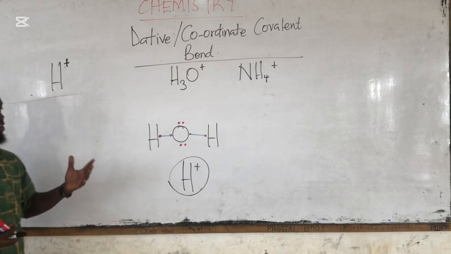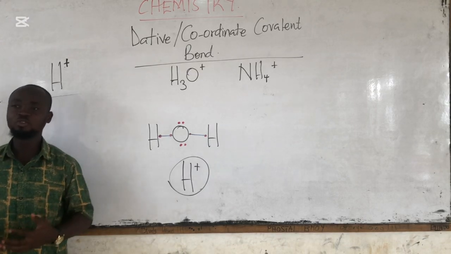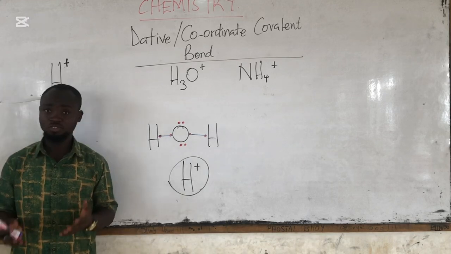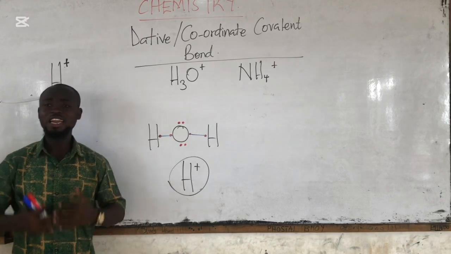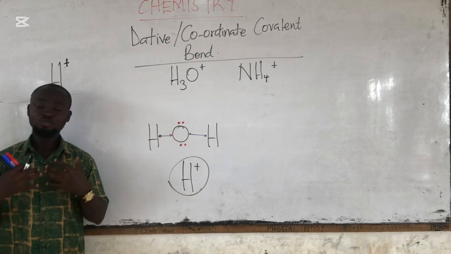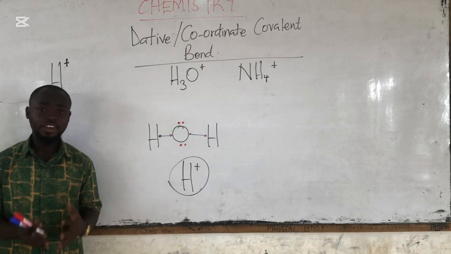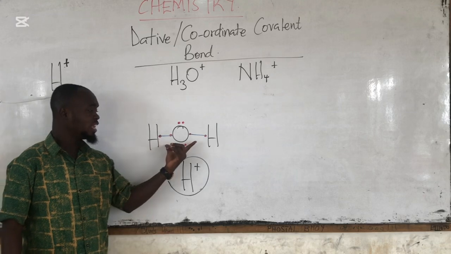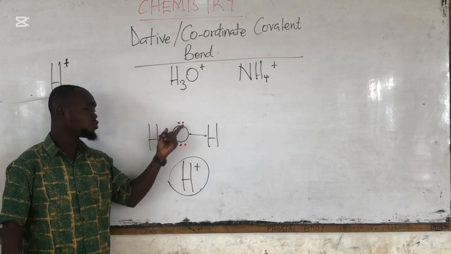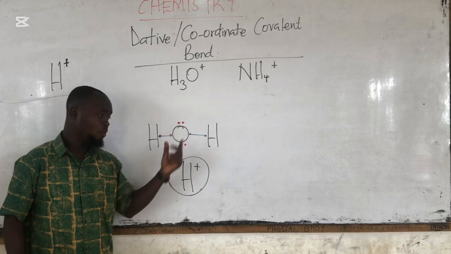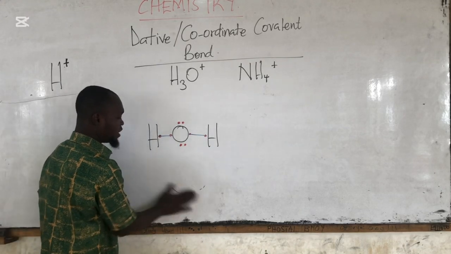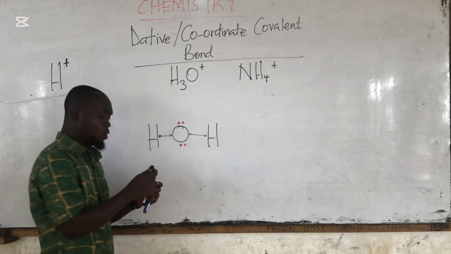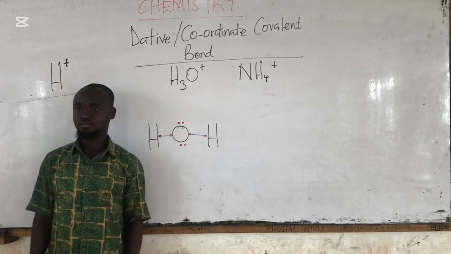So for dative covalency, one of the bonding species should possess lone pair electrons that will be donated, and the other species should have an empty orbital, to satisfy the formation of the dative or coordinate covalency. The H+ here has an empty orbital, and in H2O there are two lone pairs on the oxygen atom. This hydrogen ion will then come and form a bond with any of these lone pairs without donating any electron.